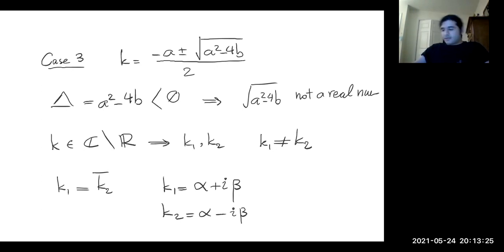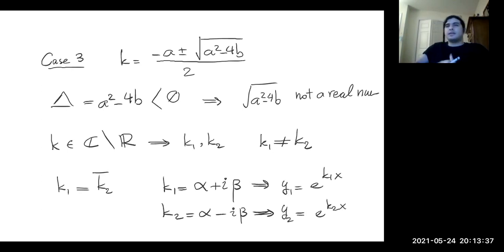So now the point here is that we have again two solutions. We have e to the k1x and we have e to the k2x. These are solutions to the equation. So y1 equals that and y2 equals this. These two are really the solutions to the equation. But the point is that these are not real solutions. They are complex solutions.